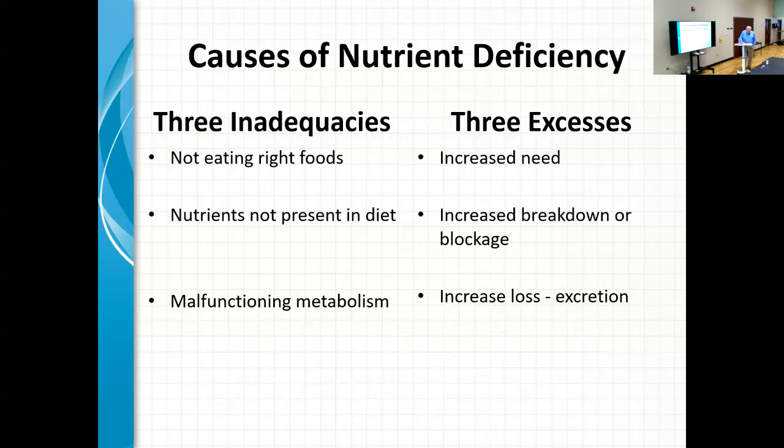The 3 excesses were increased need but not in the diet, increased breakdown or blockage, like malabsorption, and increased loss due to either vomiting or diarrhea, where the body just violently rejects whatever you're trying to give it. Abusive alcohol consumption produces all 6. Next slide.